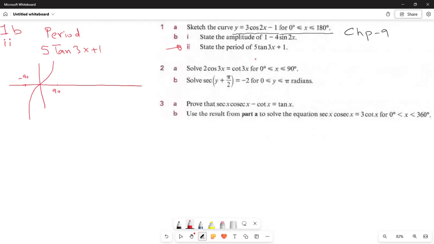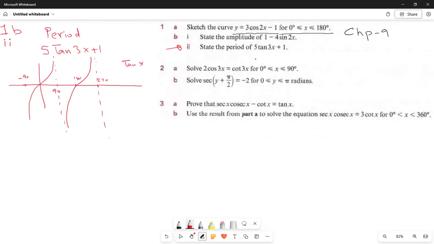So this is 180 and this is 270. Now the next cycle, and this is the line, the asymptote. I hope you know what an asymptote is. So the next graph is like this. So this is the graph of tangent x.